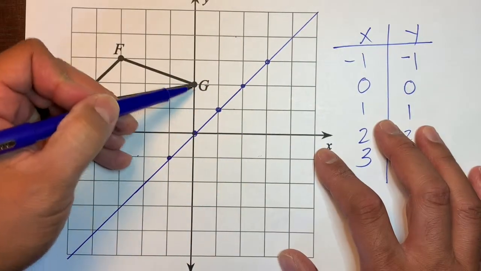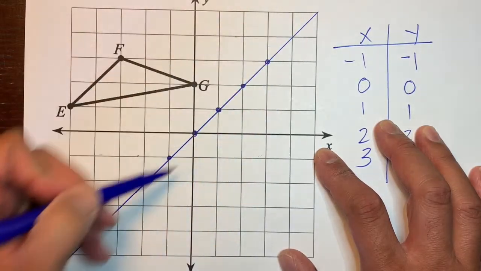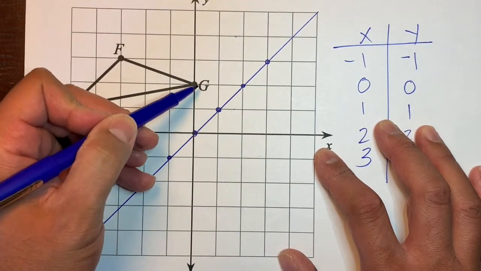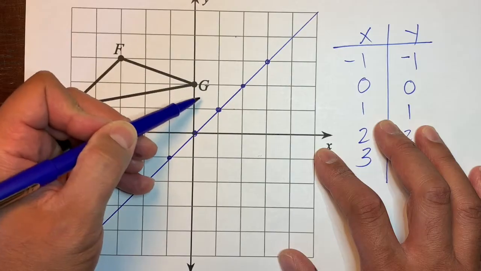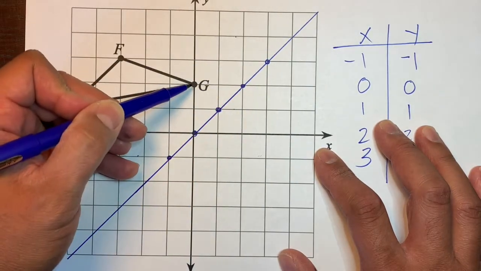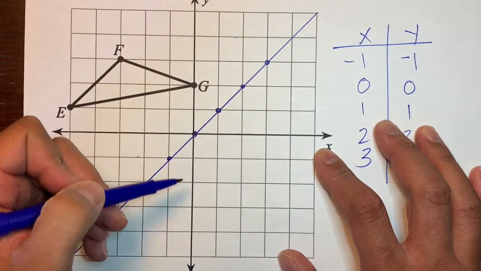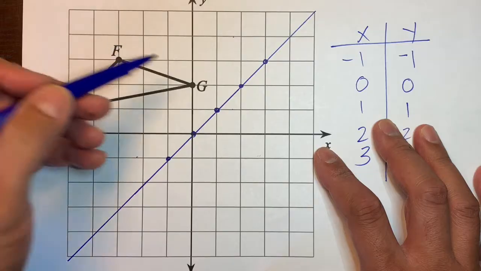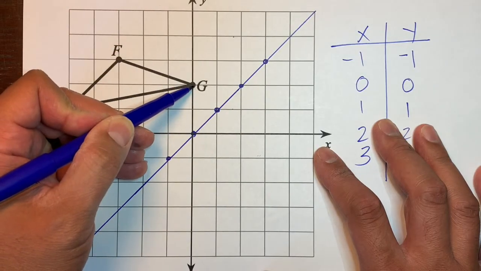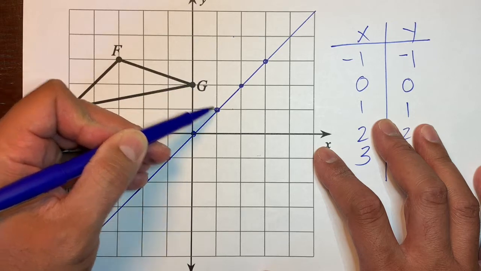You don't want to go vertically and then go down. This is a diagonal, so go diagonally in the opposite direction, or perpendicularly.